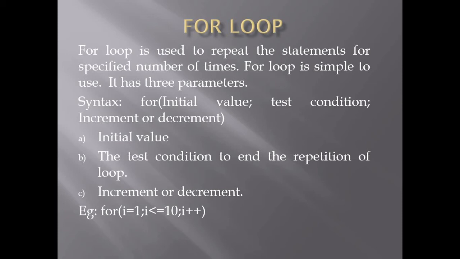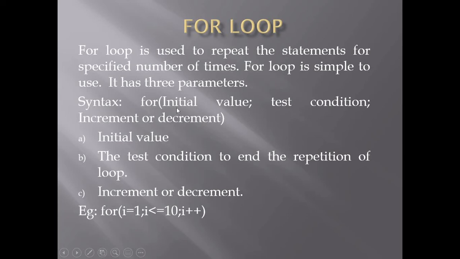The for loop is used to repeat the statements for a specified number of times. It is simple to use and it has three parameters which are specified in the syntax. The for statement starts with the keyword for.